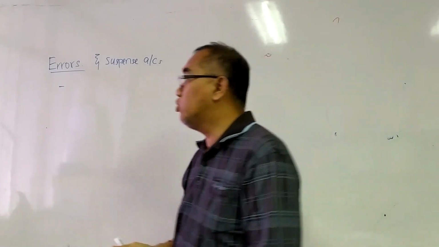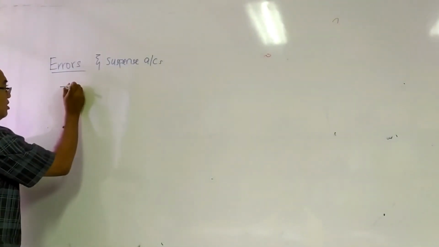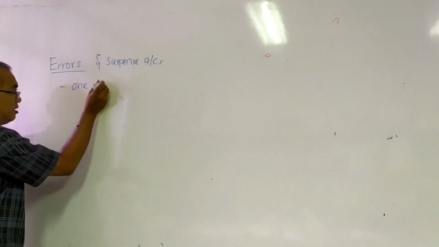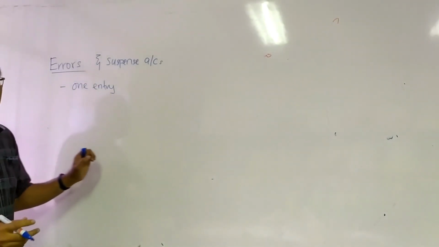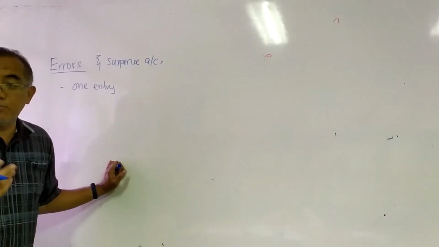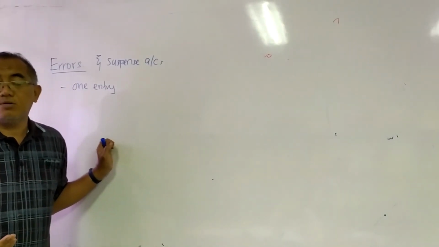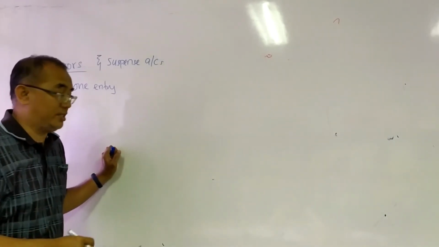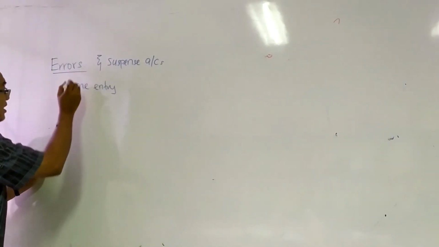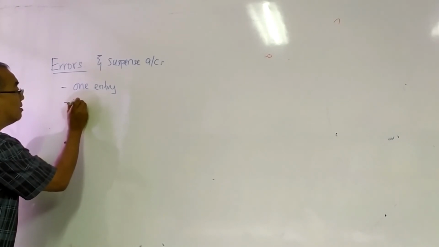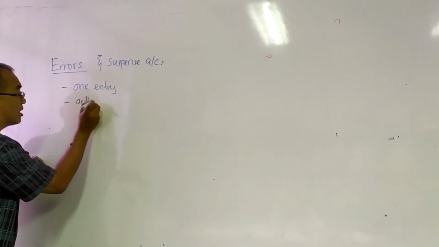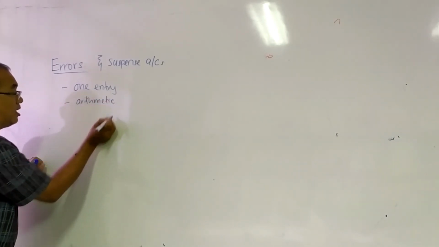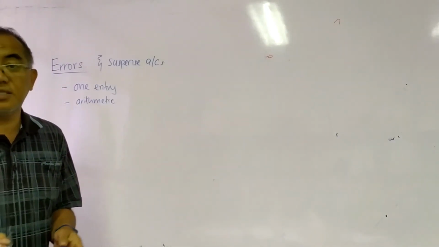Sometimes when you are recording only one entry, meaning that sometimes there is a debit but no credit, or sometimes you only credit but no debit. That's a one-sided entry. And sometimes you have an error because of your arithmetic or your calculation.